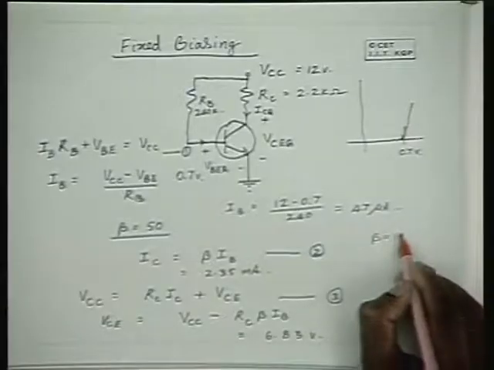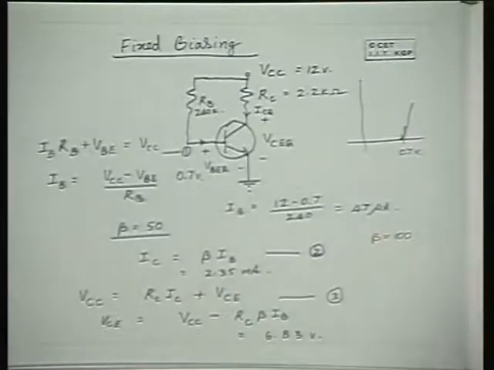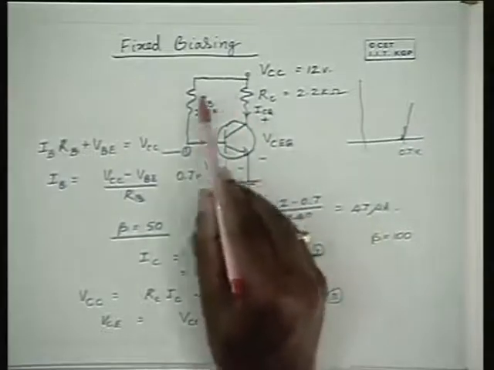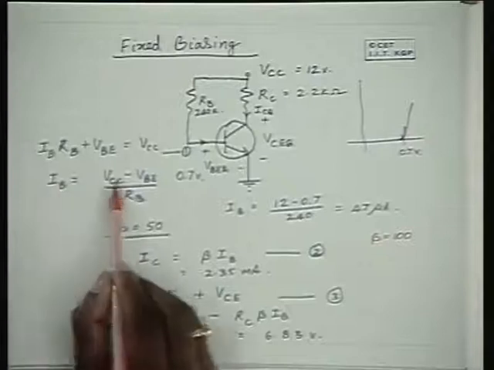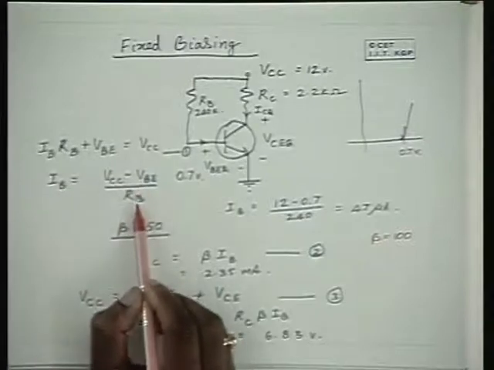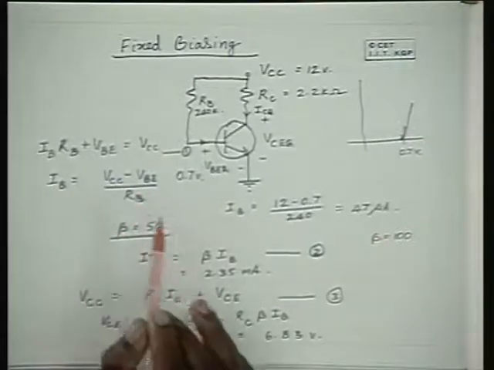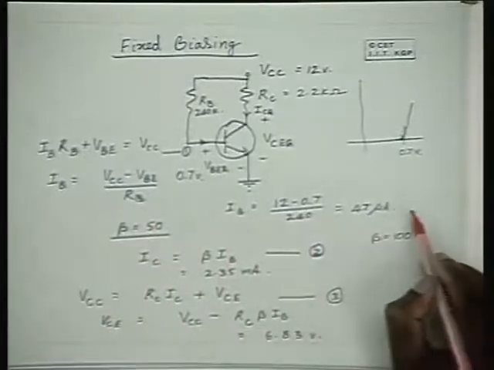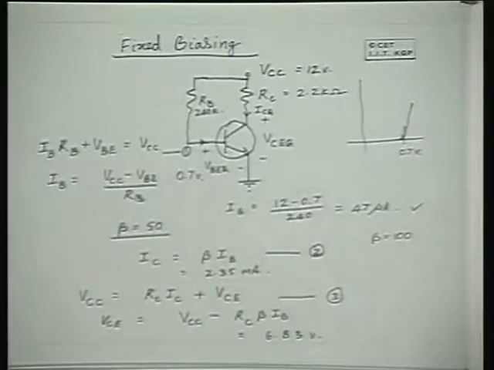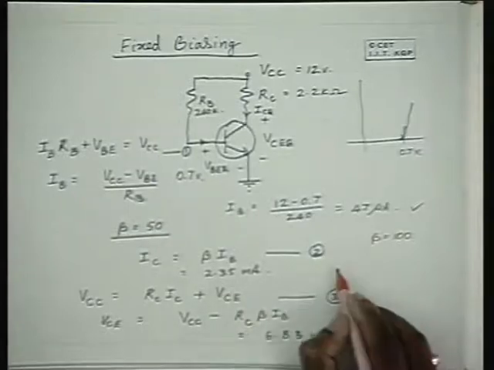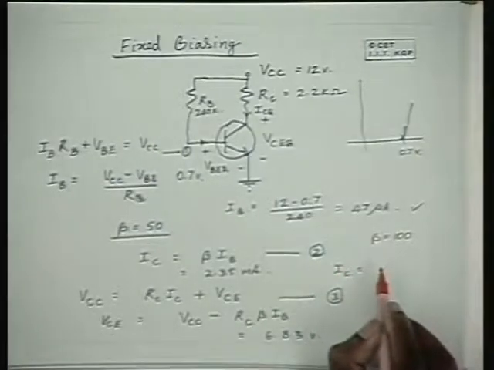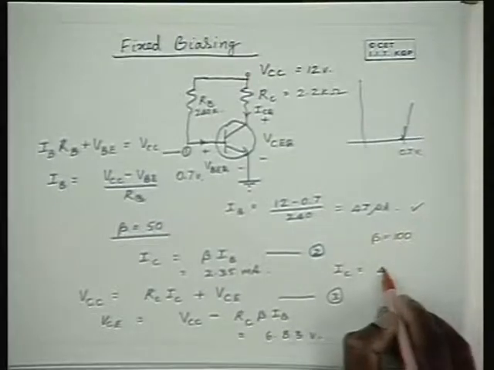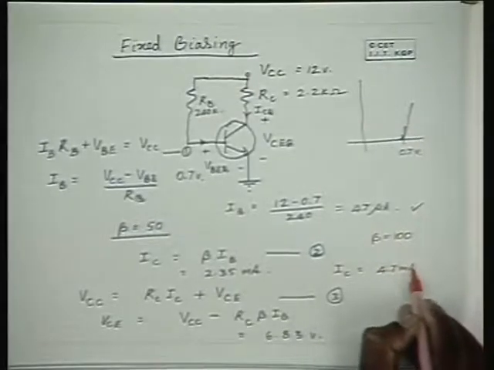Now, if beta is equal to 100 in this particular case, let us redo the analysis. Do you expect any change in IB? Because IB is VCC minus VB by RB alone. It is not connected with beta. Therefore, IB is going to be 47 microamperes. Then what about IC now? IC is 100 times IB, 4.7 milliamperes.